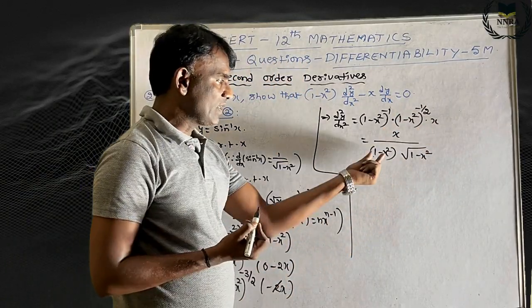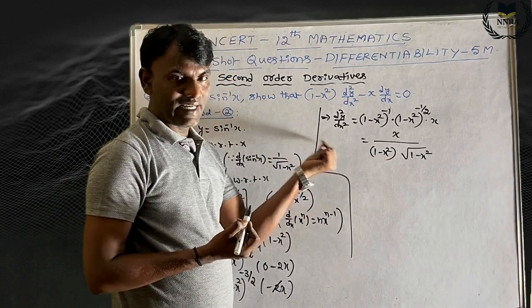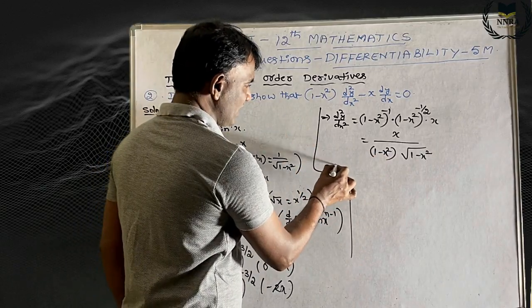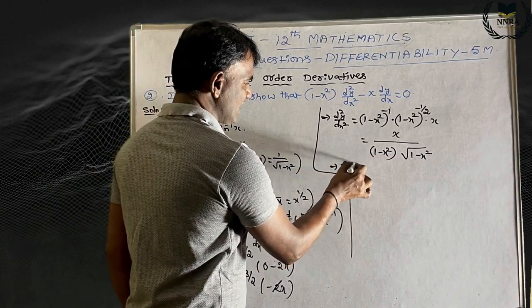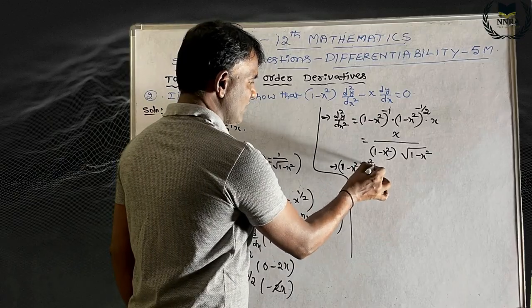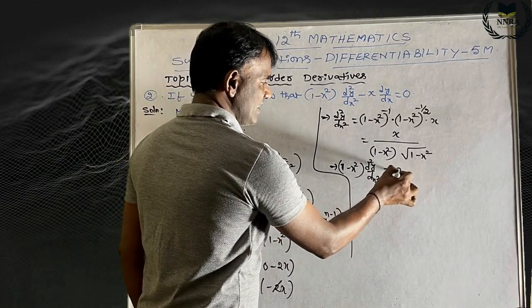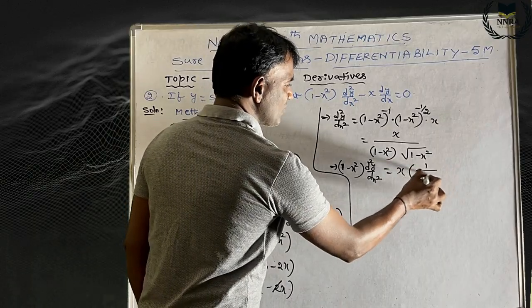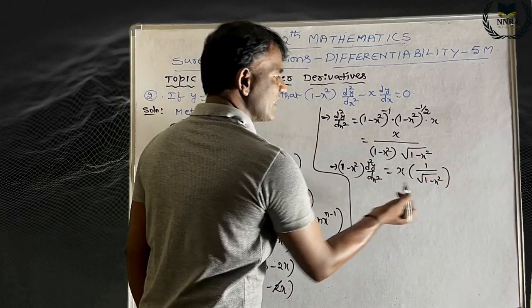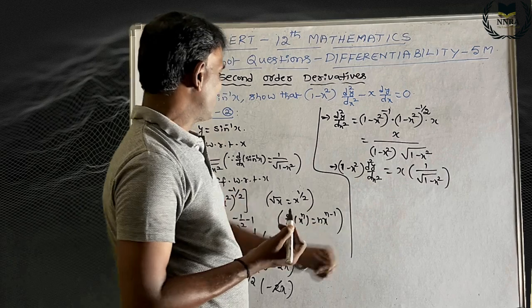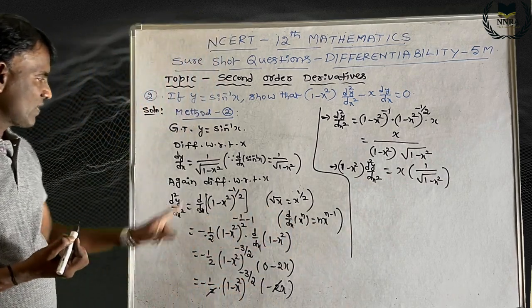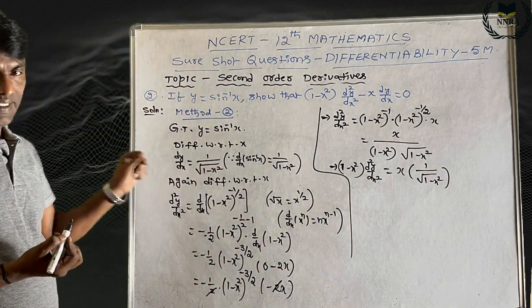Now write this 1 minus x square this side. Then how to write that value? So 1 minus x square into d square y by dx square, right? So here x into 1 by root of 1 minus x square. So what is the value of 1 by root of 1 minus x square? That can be written as dy by dx.